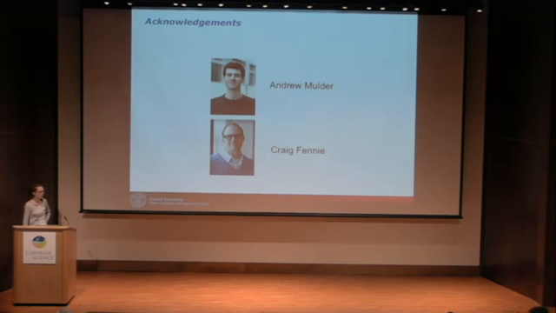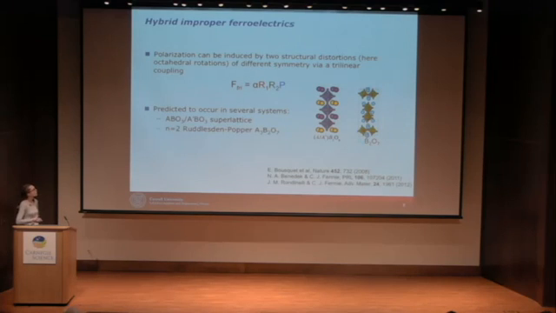We've heard several nice talks already in this conference on hybrid improper ferroelectrics and calcium titanate 327, so I'll just briefly remind you of these concepts. First, hybrid improper ferroelectricity. The key thing I want to remind you of is that in these systems, polarization can be induced via trilinear coupling in the free energy to two structural distortions, often octahedral rotations of different symmetry.